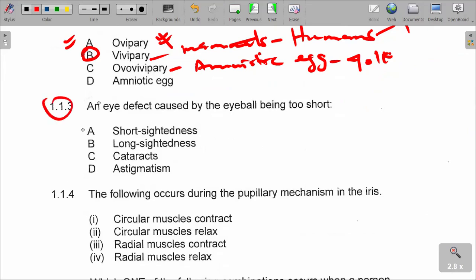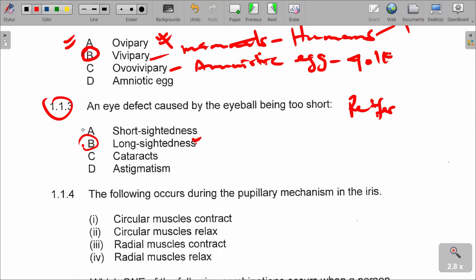Question number 3: an eye defect caused by the eyeball being too short. What is this eye defect? Refer to the channel, there is enough content on visual defects. When the eyeball is too short, it results in long-sightedness.